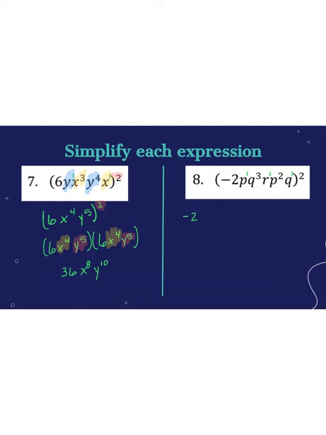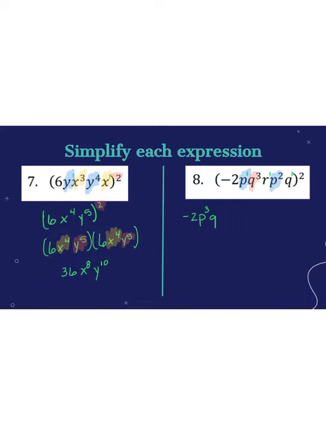Then I'm going to look at my p's. So I'll write my p in. When I'm looking at my p's, I have 1 p right here and 2 p's right there. So 1 p plus 2 p's is p to the third. Now I'm going to move on to my q.